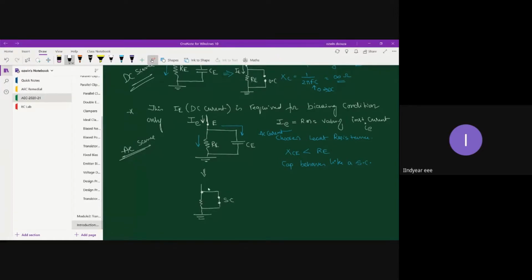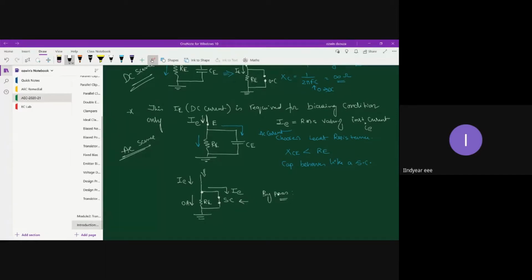So your entire AC current flows through it. This is your incoming AC current, and this is your outgoing AC current. So the current component through RE is 0 ampere. Your AC emitter current gets bypassed through the capacitor branch. That's the reason it is called a bypass capacitor.